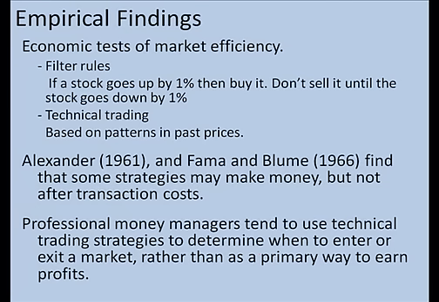These days, I think the general view of professional money managers is that you don't use technical trading strategies as the main way to earn profits or returns. But you may use technical trading strategies to determine when to enter or exit a market. So they are not used as the main way for money managers to earn money.